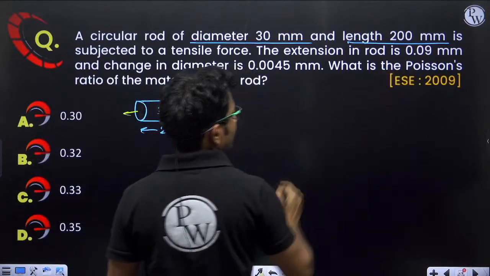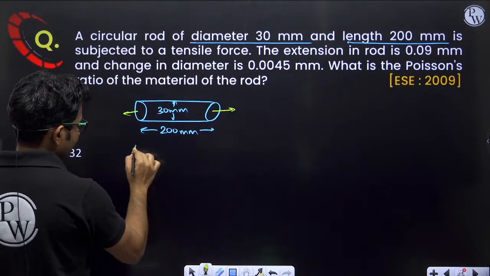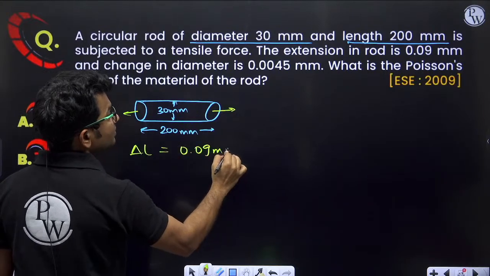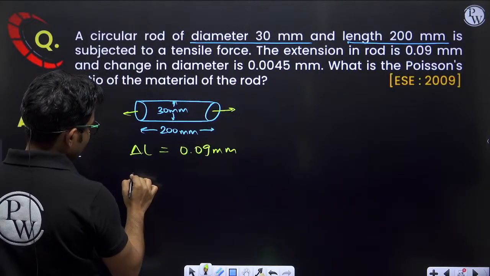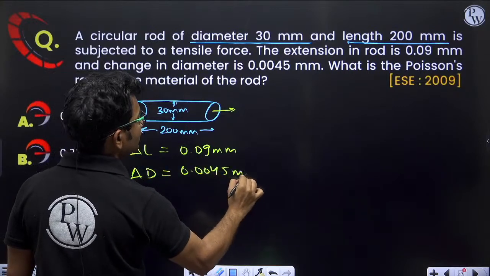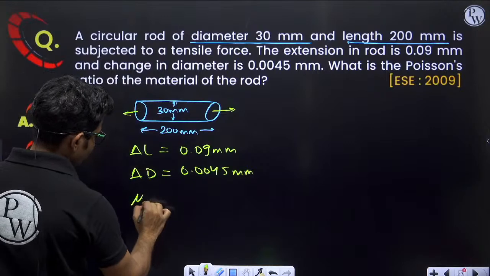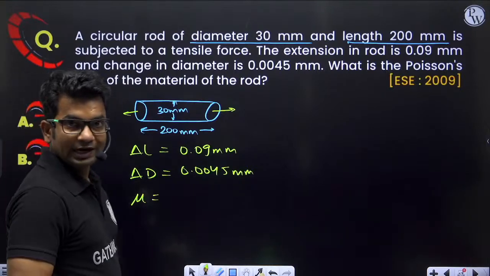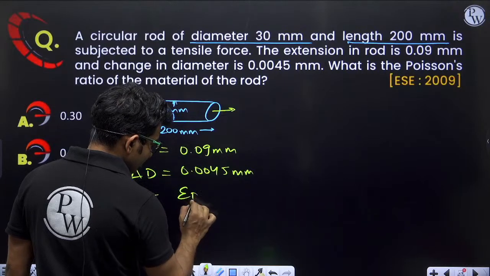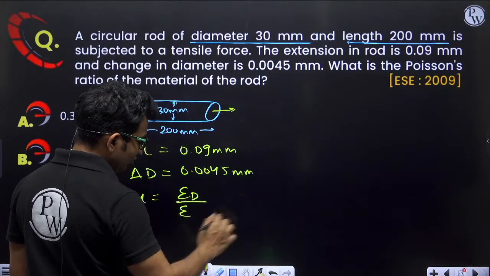What we are given? Extension of the rod is 0.09 mm. That means change in length is given as 0.09 mm, and the change in diameter is 0.0045 mm. What is the Poisson's ratio? If I want to calculate Poisson's ratio, it is lateral strain, meaning diametric strain, divided by longitudinal strain.